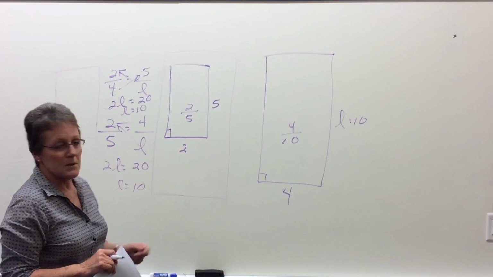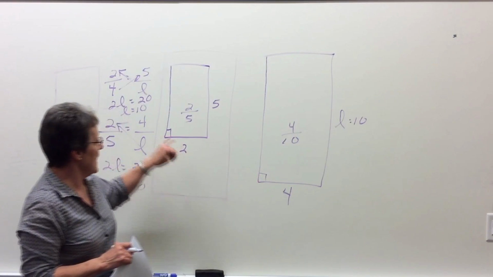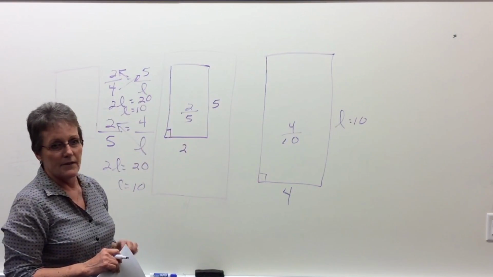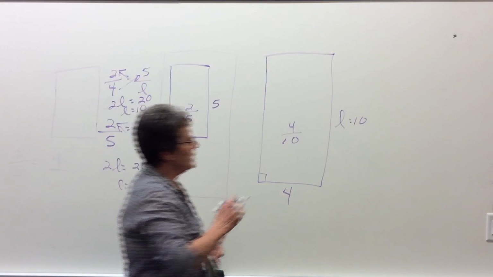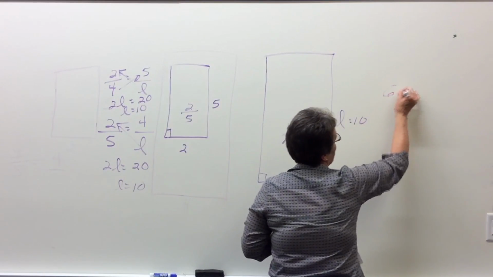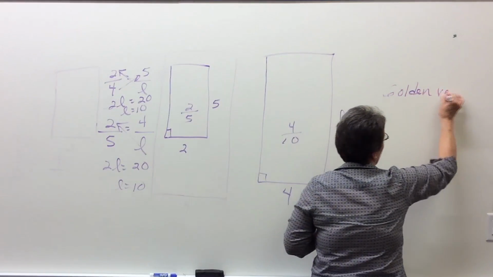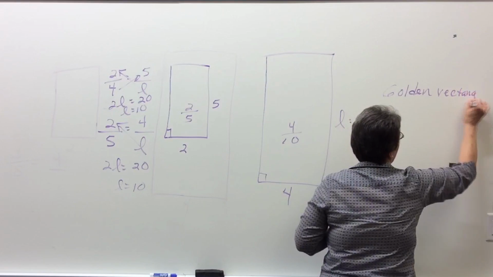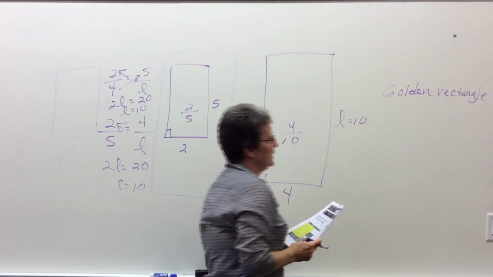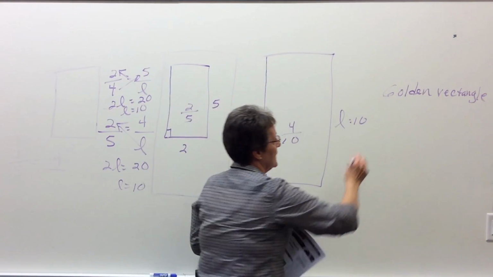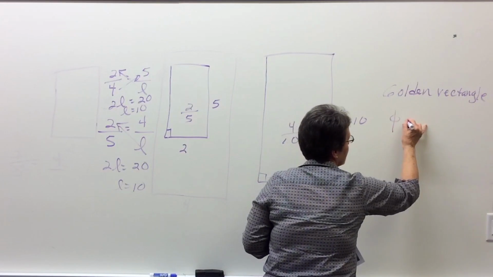Are all rectangles similar? A lot of people think so because they have 90-degree angles all the way around. That's not true. We also have something called a golden rectangle. And in golden rectangles, we have this rather odd phi that is a constant.